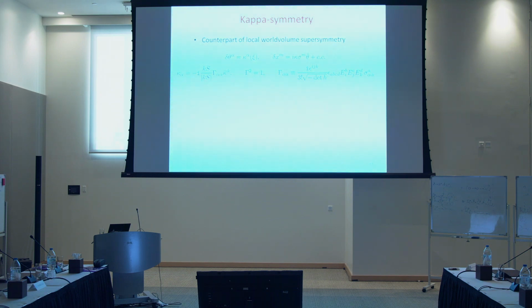The presence of this kappa symmetry allows us to eliminate 2 of the 4 fermionic modes of the membrane. So we have on the membrane 4 fermionic modes, but kappa symmetry removes 2 of them.